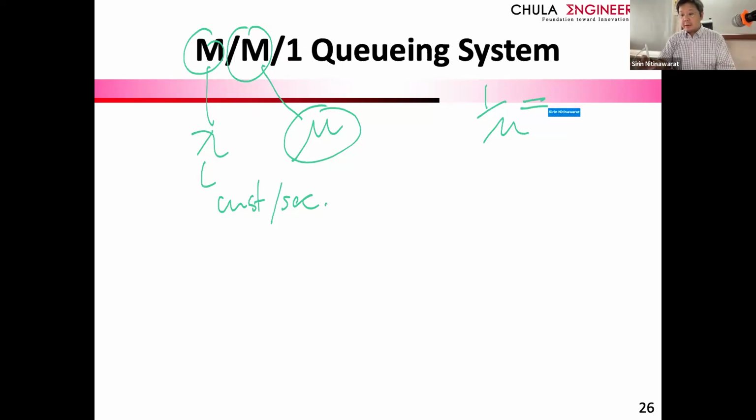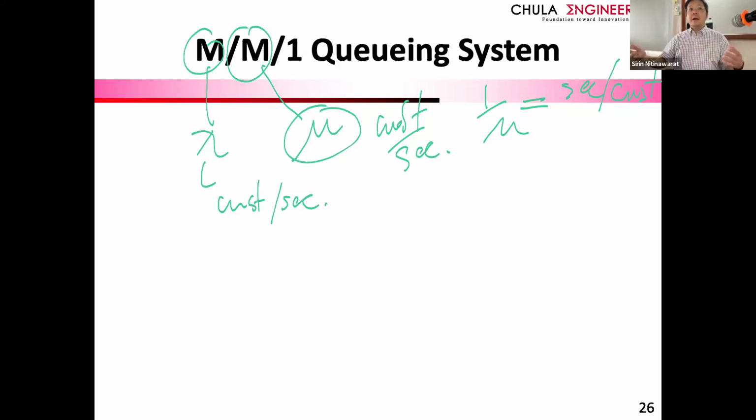If 1 over mu is seconds per customer, each customer spends this many seconds on average, so mu is again customers per second. It tells you how fast, if customers keep coming to the server, how many customers the server can service per second.